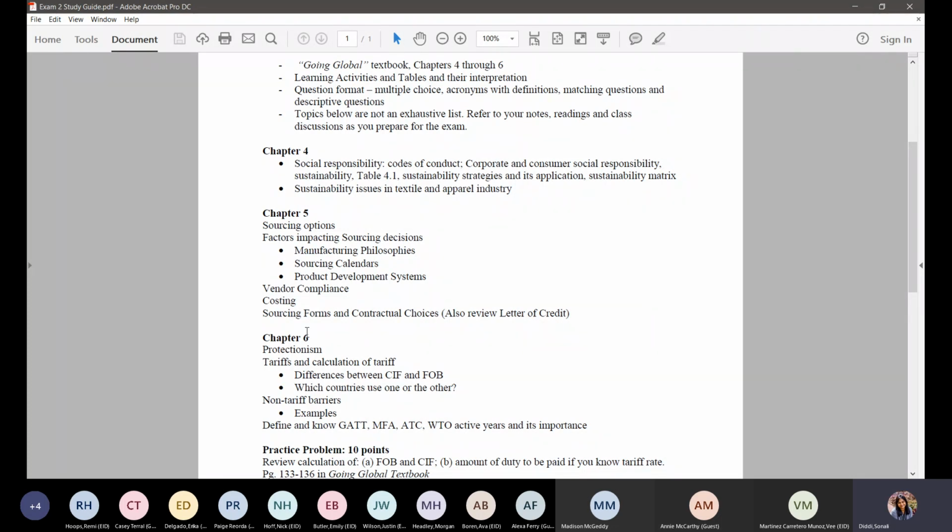And then also understanding how GATT principles were different from the rest, from how MFA was different, and how the most favored nation principle kind of went against GATT principles. So understanding that section, that's all on page number 145.